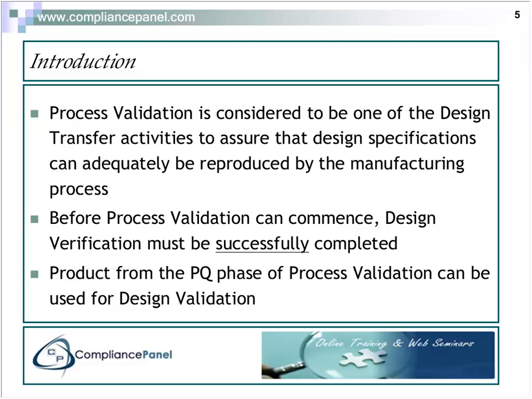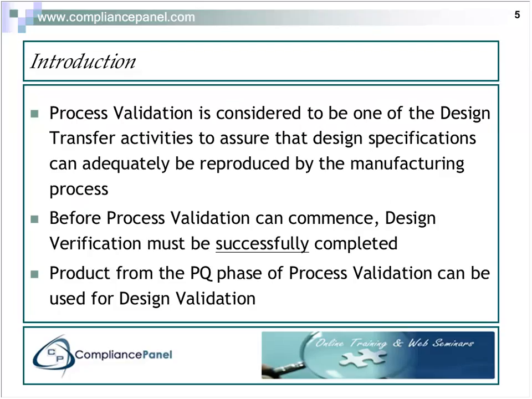Before we can begin our process validation, we must have a successfully completed design verification. That is, we must have an indication that our product as designed does meet those design input specifications that we originally started out to do.